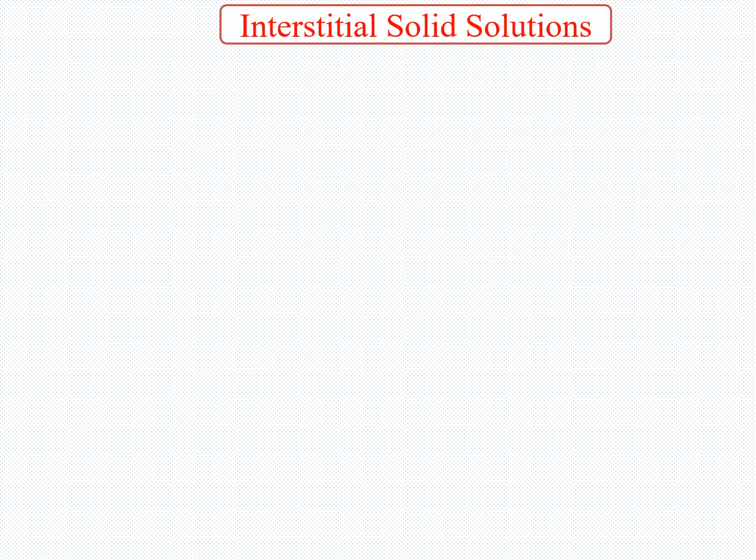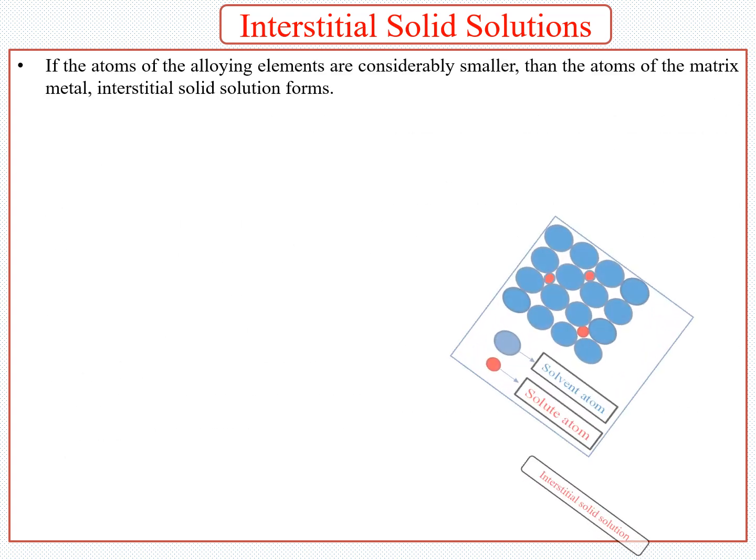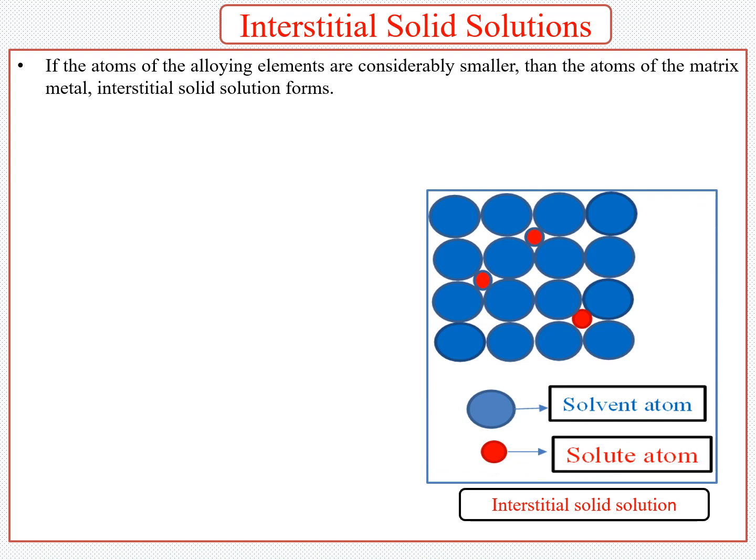The second type of solid solution is interstitial solid solution. If the atoms of alloying elements are considerably smaller than the atoms of the matrix metal, interstitial solid solution forms, where the solute atoms are located in the spaces between large solvent atoms, also shown in the figure. The blue color ball is the solvent atom and the red color ball is the solute atom.